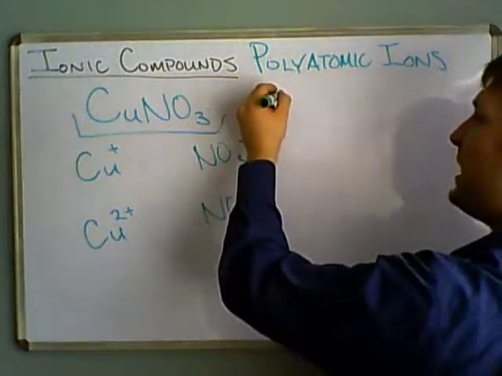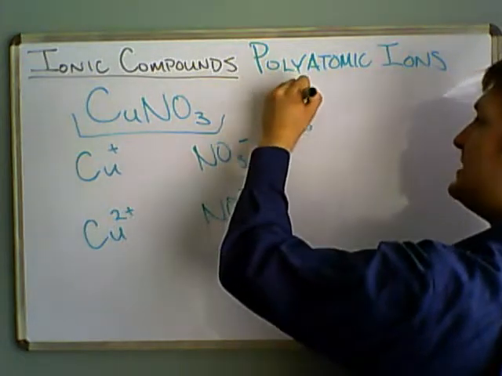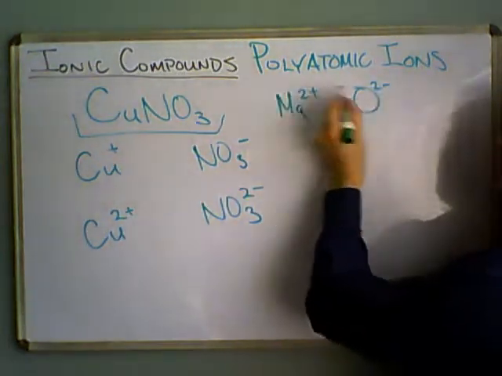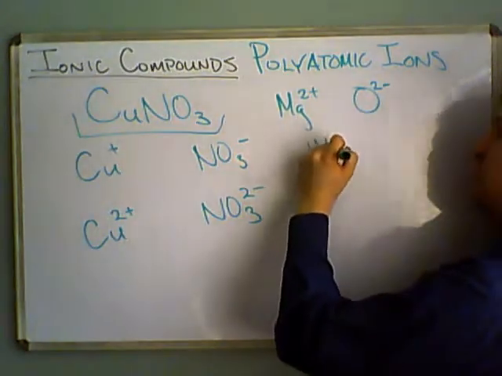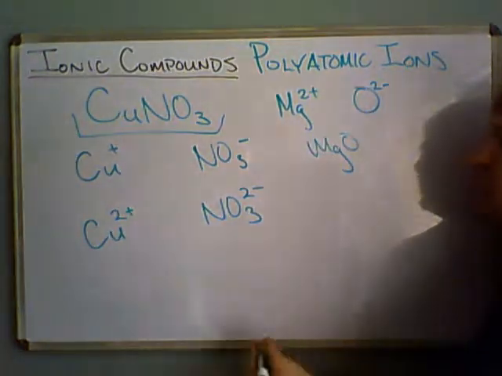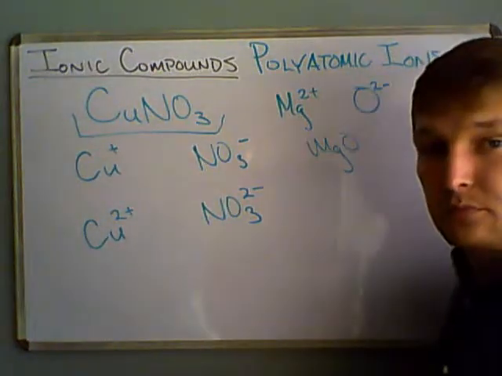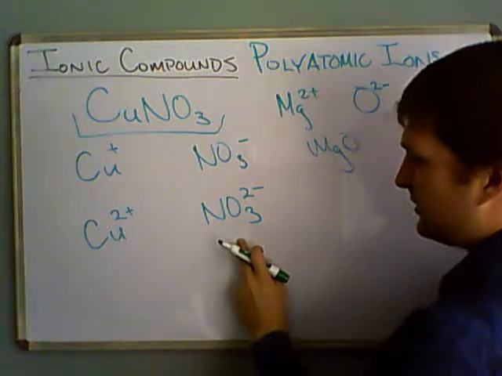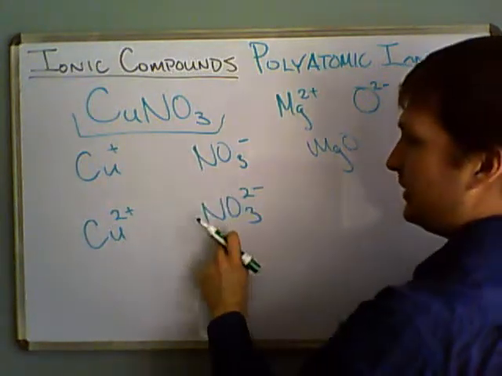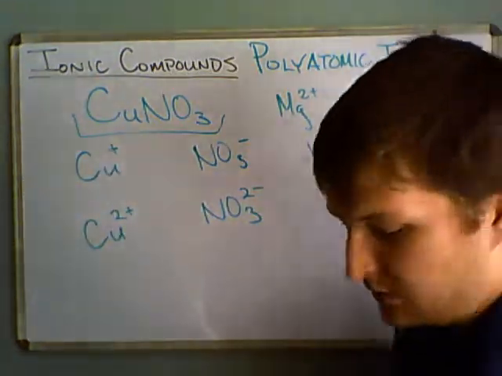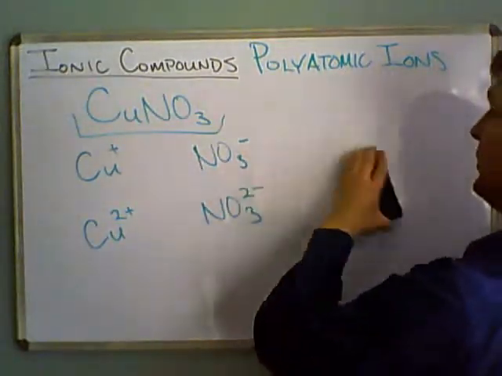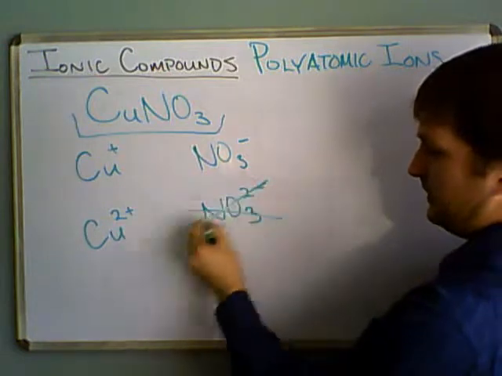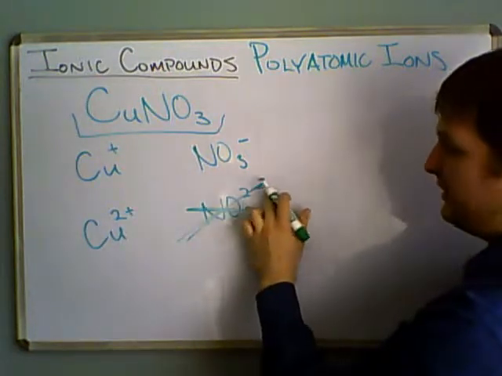Because remember, if we had magnesium 2+ and O 2-, since those charges were the same, we would just put that together as MgO. So that could be the case here. Now that we're at this point, I can look at my chart and see which one of these is right, because it could be either. I look at my chart and see that NO3 2- does not exist anywhere on my chart.